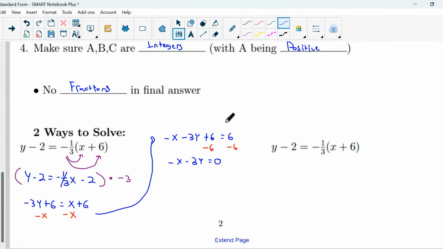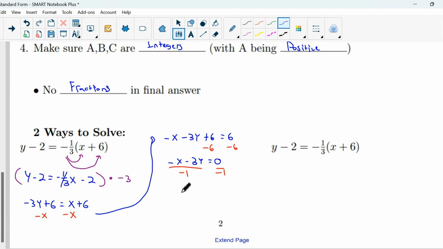Okay, so the final thing here is we cannot have a as a negative number. Right now, our a value, which is in front of our x, is negative 1. So in order to undo our negative, why don't we just go ahead and divide everything on both sides by a negative 1. By doing that, we essentially just flip the signs.